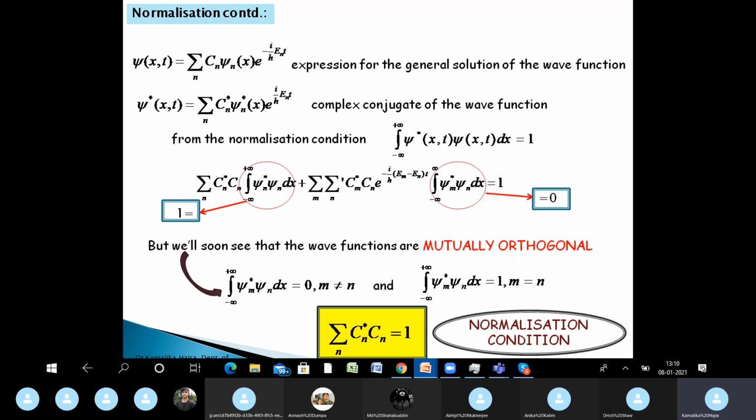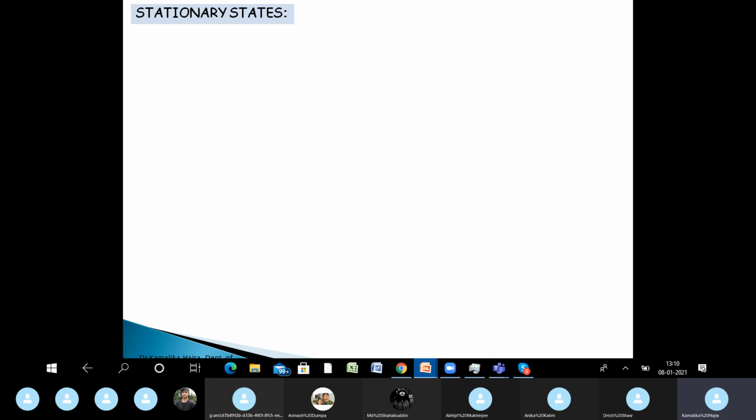Clear? I hope this is not very difficult to understand. The only thing you have to keep in mind is that the functions are mutually orthogonal. Next, we talk about the stationary states. These are all sequential. You know, it all comes as one comes as a consequence of the other.